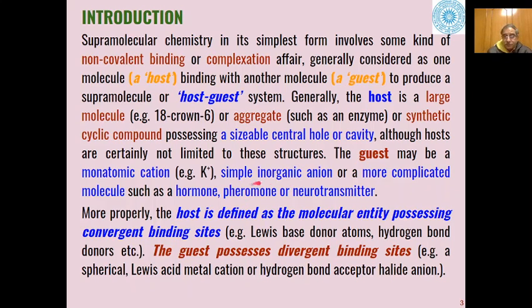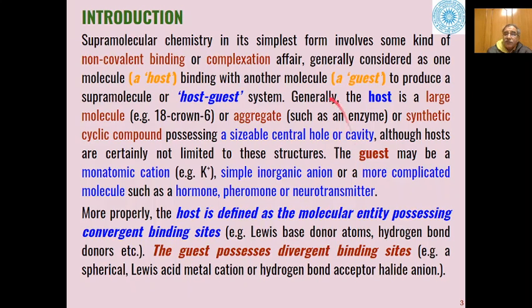The guest molecule is generally a monoatomic cation like sodium, potassium or calcium ions. So all metallic monoatomic cations can act as a guest, or a simple inorganic anion can also act as a guest.